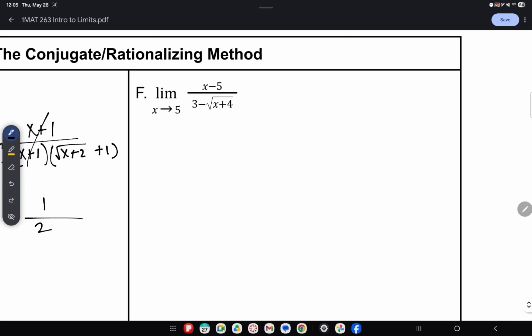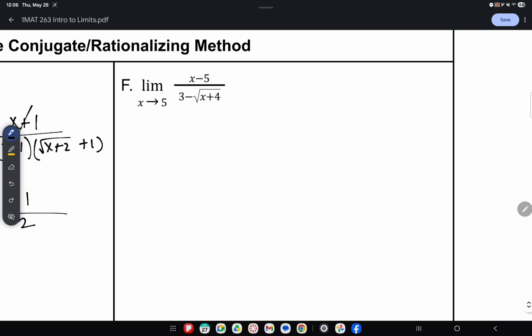Alright, so let's do that again on this problem. So I'm going to rationalize or use the conjugate method here. So I'm going to multiply both by 3 plus that square root of x plus 4. I'm going to leave the numerator as x minus 5 times 3 plus the square root of x plus 4.